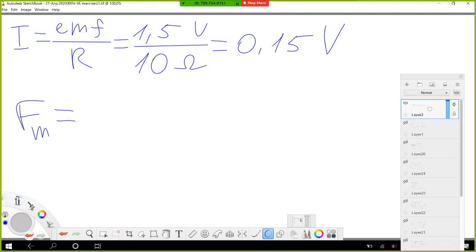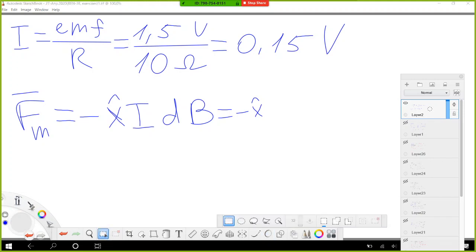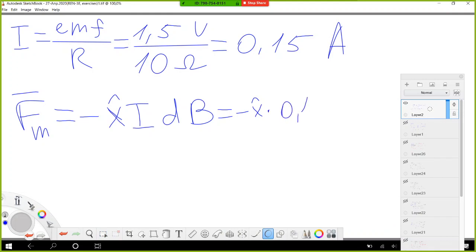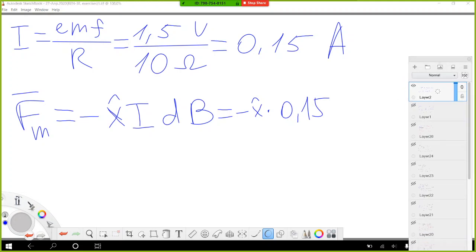and we can easily find the magnetic force which is acting on our bar. Fm equals, we said, minus x, let me write in the form of vectors, minus x I d B. Okay, minus x multiplied by I. Sorry, I is, of course, in amperes, not volts. Multiplied by 0.15 amperes.